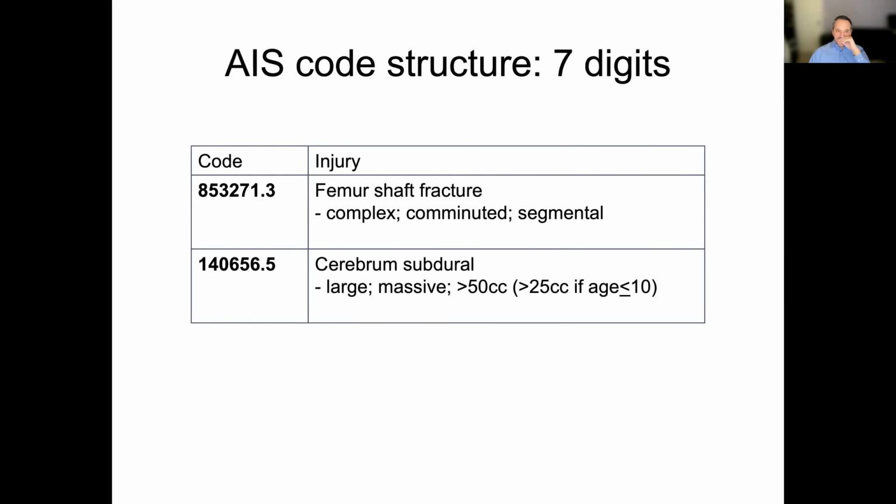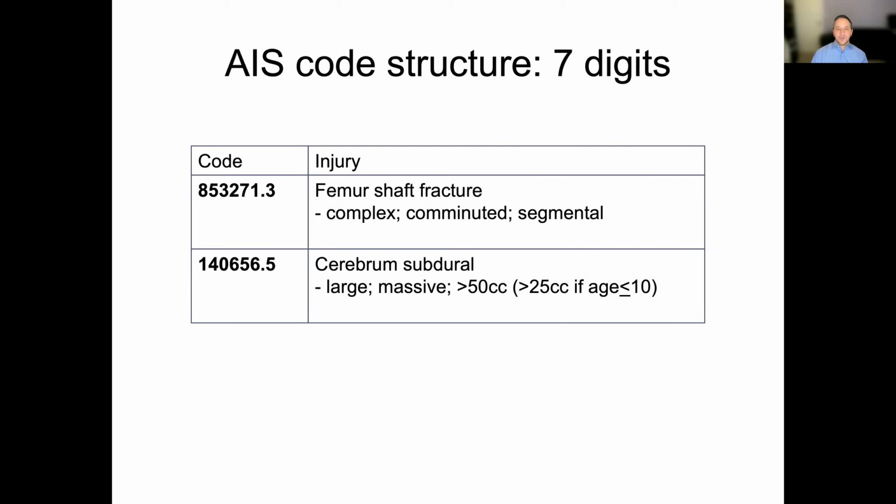So as you saw in the dictionary, I showed a page before when we were looking at some of the head injuries. Here are 2 examples of the AIS injuries. One is a fracture of the shaft of the femur, and this would be complex or comminuted. Comminuted means broken up into many different pieces, or segmental.